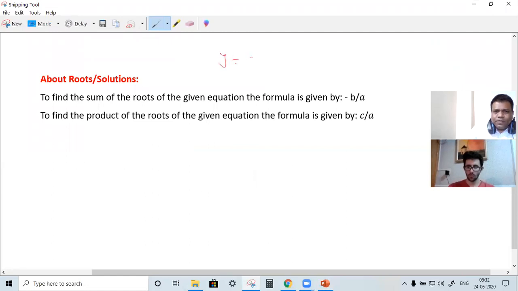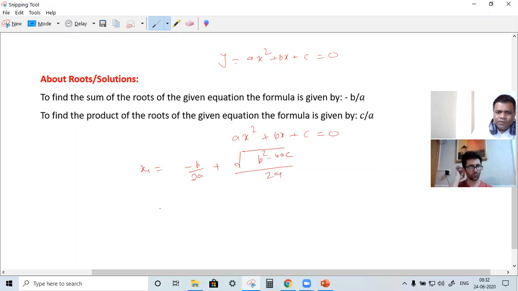Given any quadratic equation ax square plus bx plus c is equal to 0, we said the first root, x1, is minus b by 2a plus under root b square minus 4ac by 2a. And x2 is minus b by 2a, same thing in the negative, minus under root b square minus 4ac by 2a.